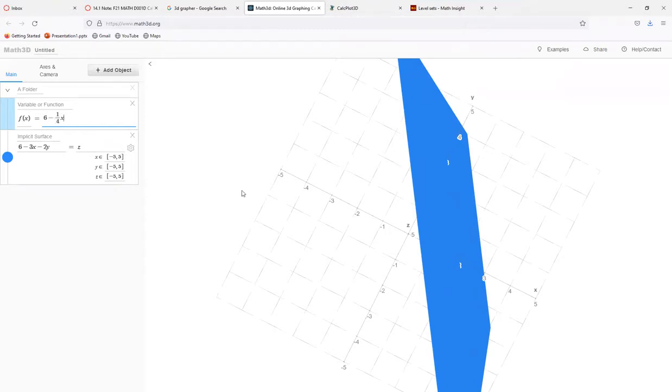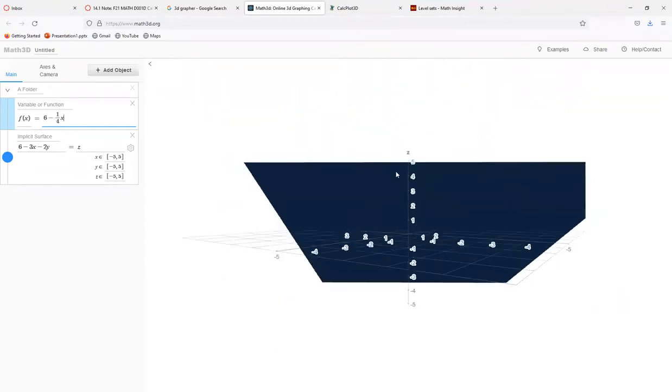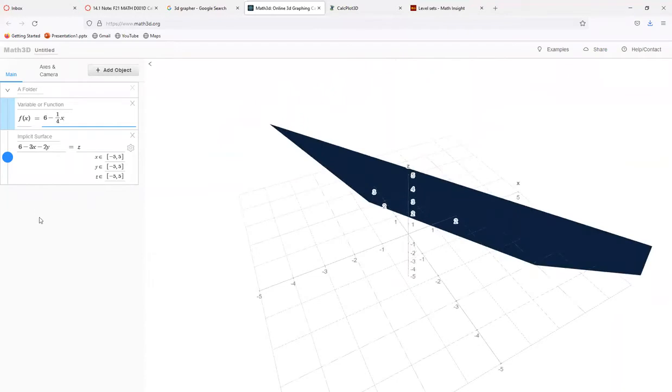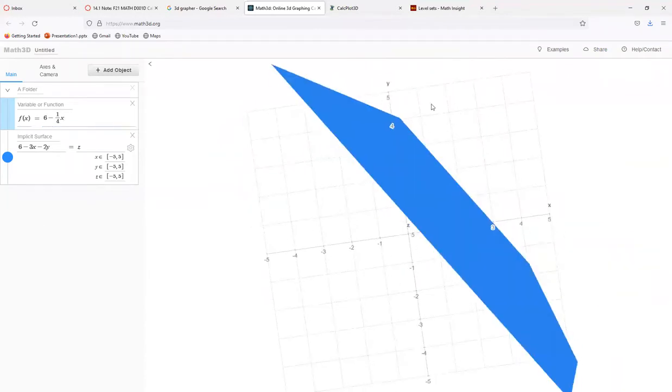Let's see if it's graphing here. It has the same color. You can see that. That's fine.